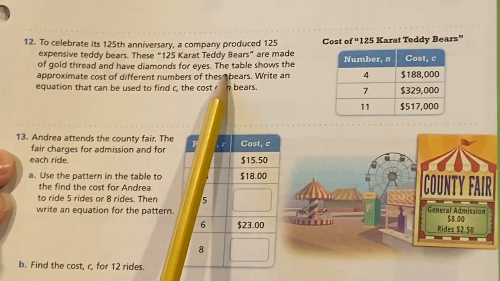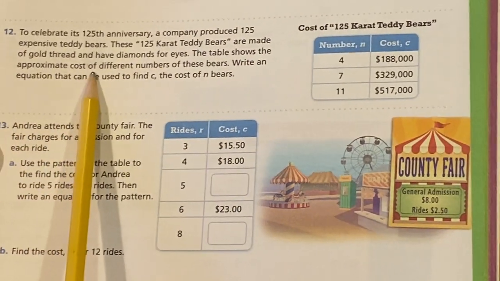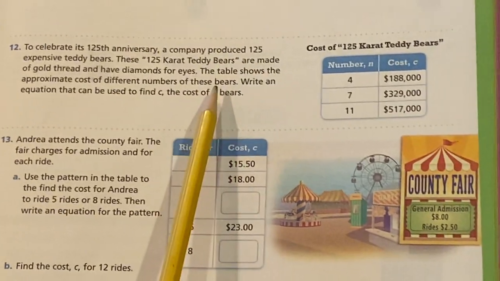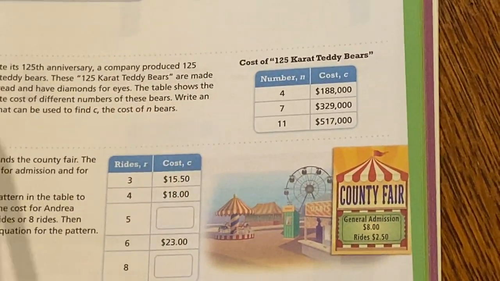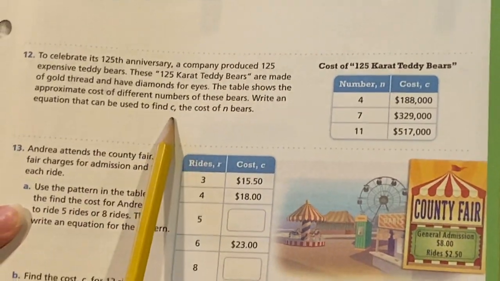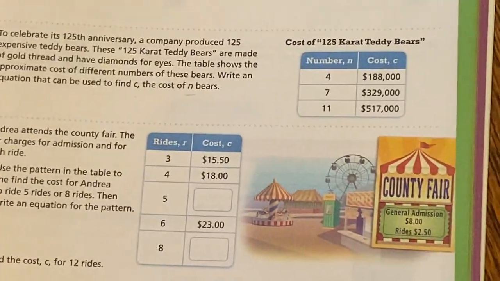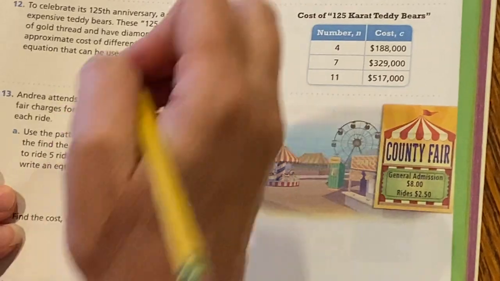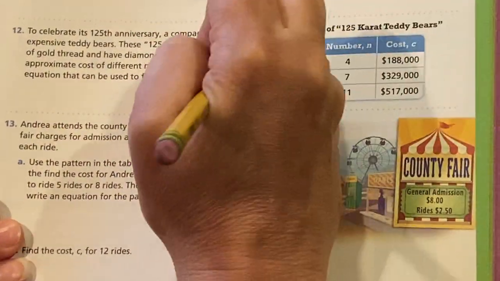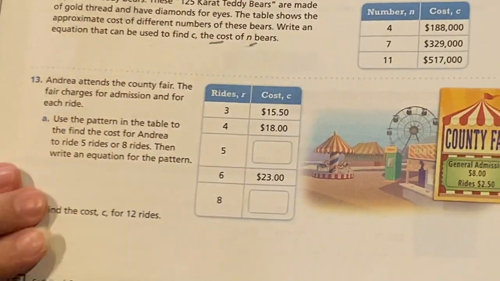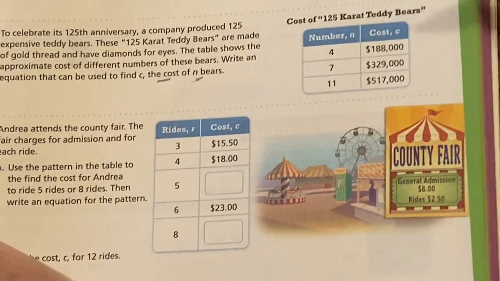What? The table shows the approximate cost of different numbers of these bears. Write an equation that can be used to find C, the cost of n bears. Okay, so C is the cost, n is the number of bears. Look at this ridiculousness.